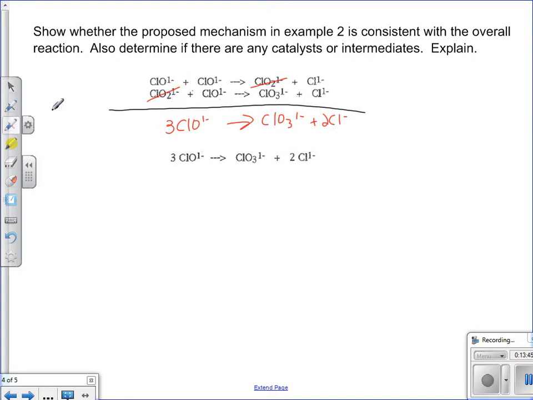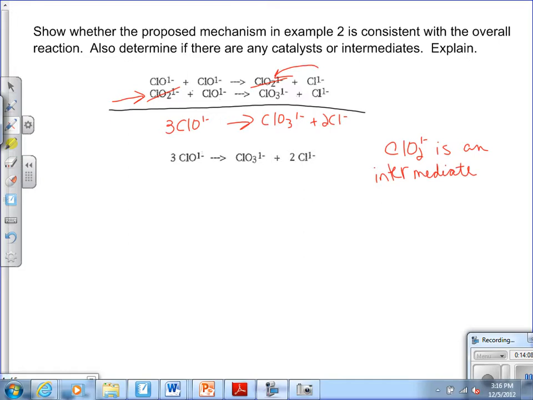And as for intermediates, well, the chlorite, ClO2 1 minus is chlorite. The chlorite appeared for the first time as a product and then got used up later as a reactant. So the chlorite is an intermediate.